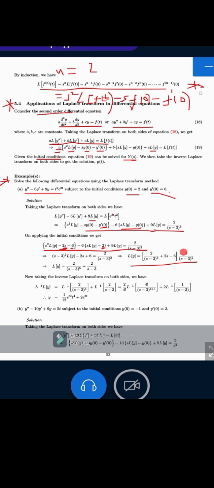So it is very easy for you to see where these ones are coming from, just by making Ly the subject. Having made Ly the subject and opening the brackets, it will simplify to 2 over (s minus 3) to the power 5 plus 2 over (s minus 3). So now this is the Laplace transform of y.